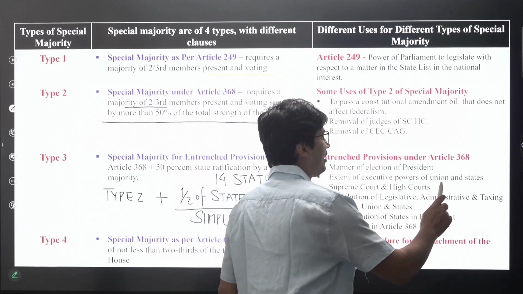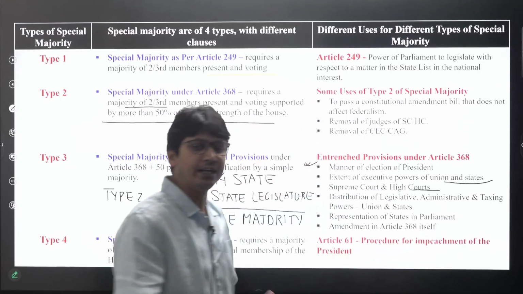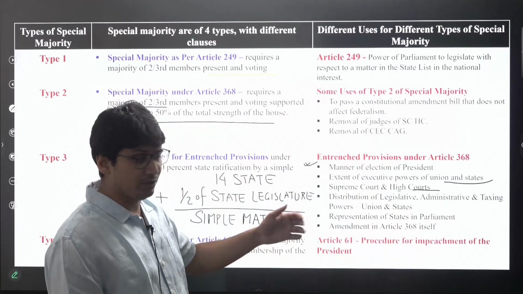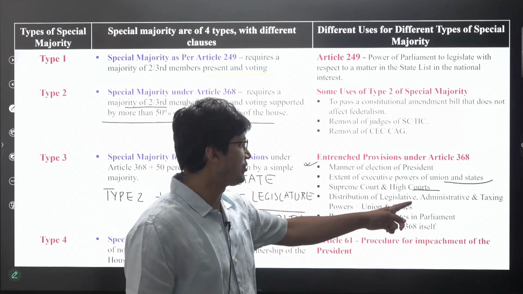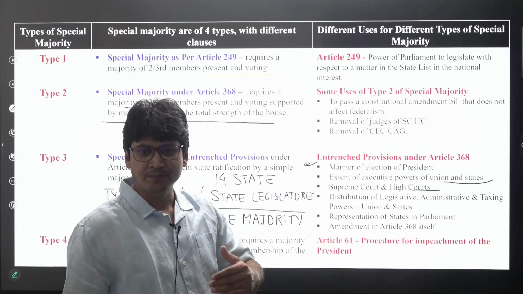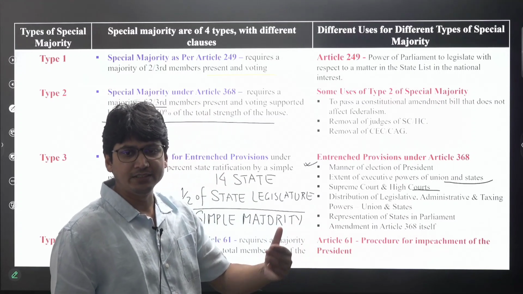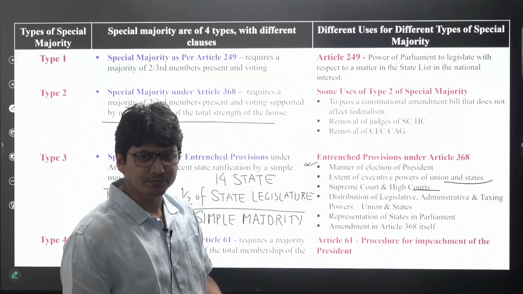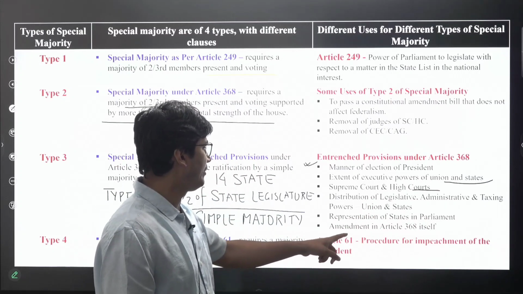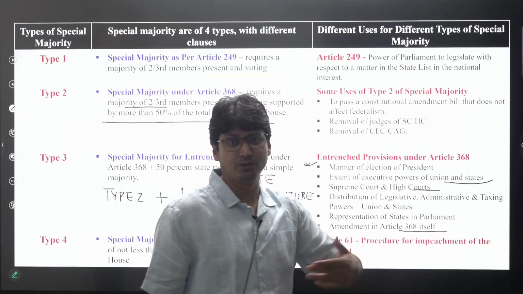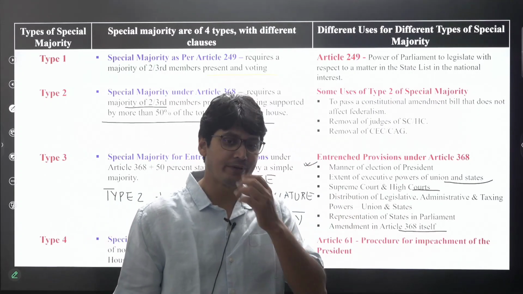Extent of executive power of the Union and states. Supreme Court and High Courts: anything associated with them requires this because it is a federal feature. Distribution of legislative, administrative and taxing powers, basically all relations between Centre and states, any aspect. Representation of states in Parliament. An amendment in Article 368 itself: if you have to amend Article 368 itself, you require this type of amendment.